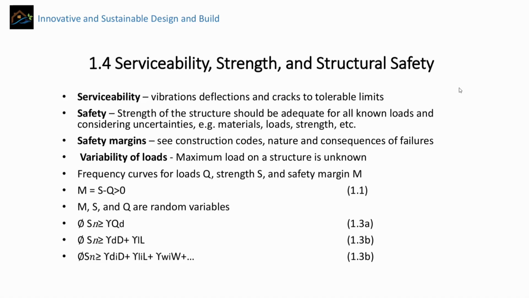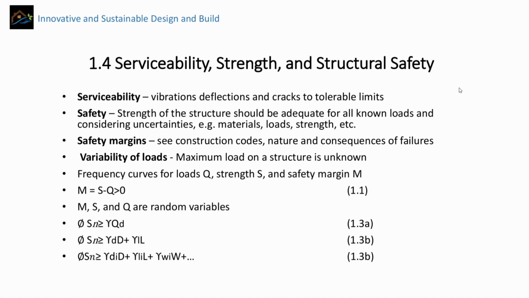The type of failures and consequences that a building might have is also important. Buildings with lower occupancy, for example, which have lower consequence of failure, might have lower safety margins.